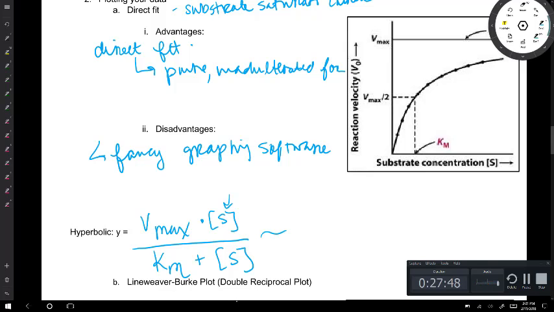Substrate concentration, S, is our x, the independent variable, and the velocity is y, the dependent variable. So in terms of a hyperbolic fit, y equals ax over b plus x, where a is again the Vmax and b is going to be the Km.